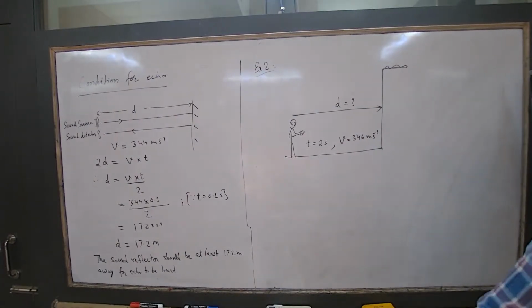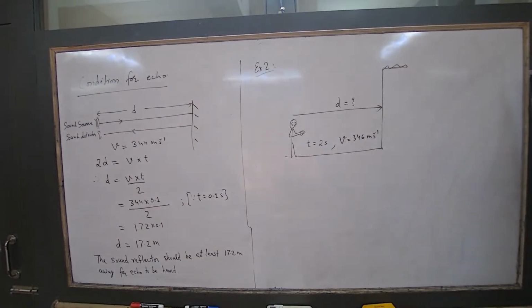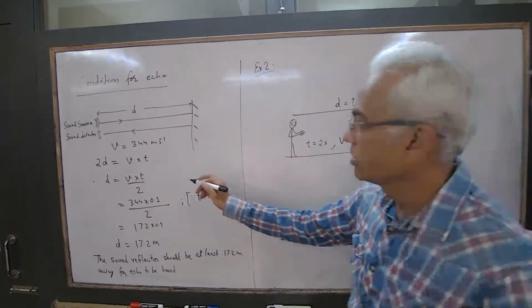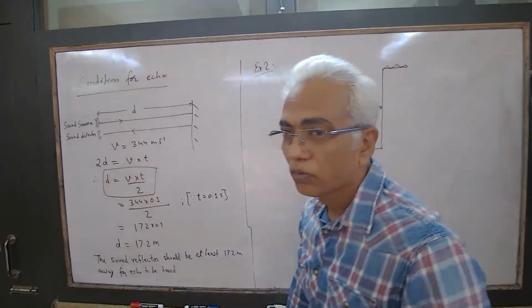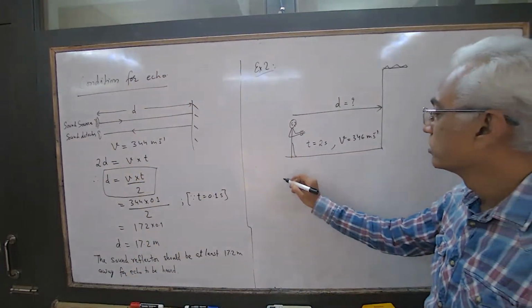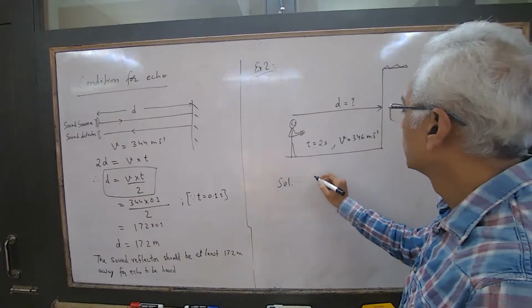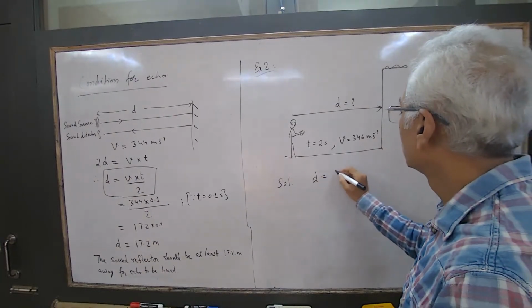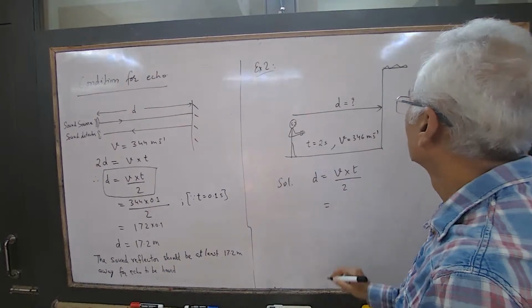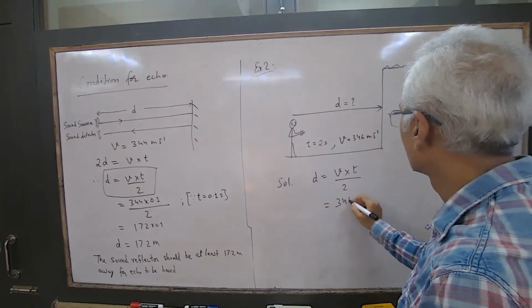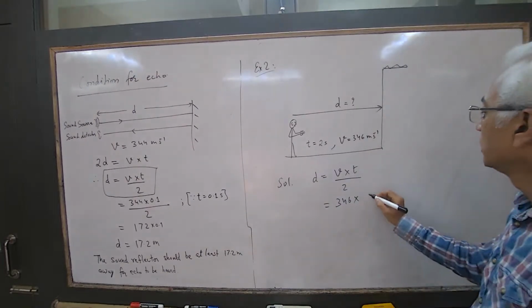Cliff is a hillside. Okay, so what is the formula? You will use this formula in all echo questions. This formula has to be used. So d is equal to v into t by 2. v is 346. t given is 2.